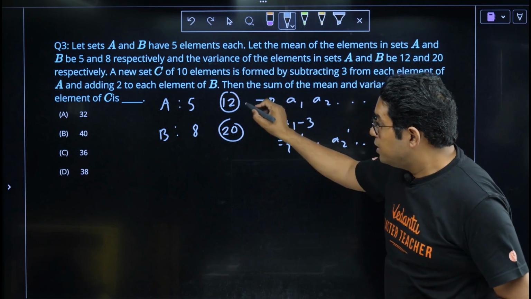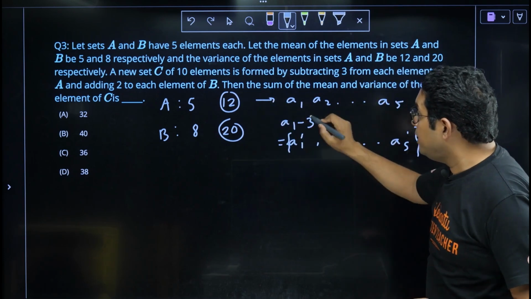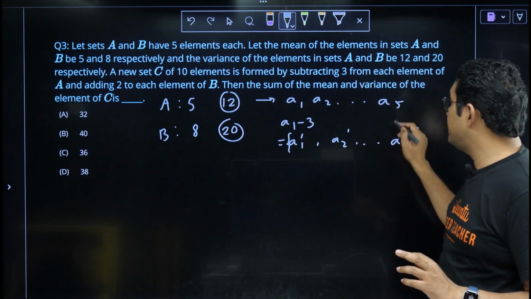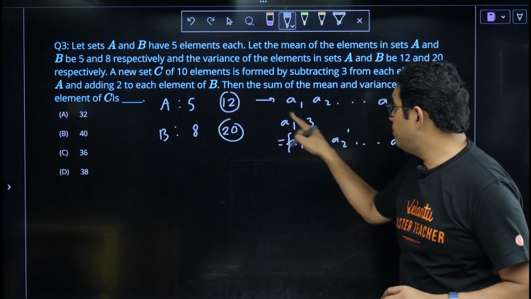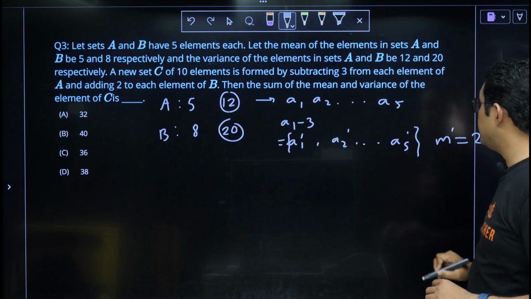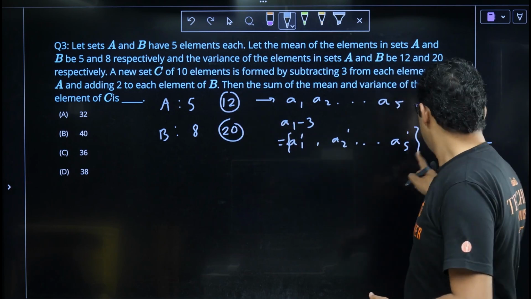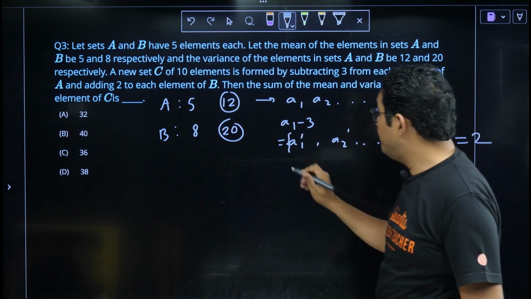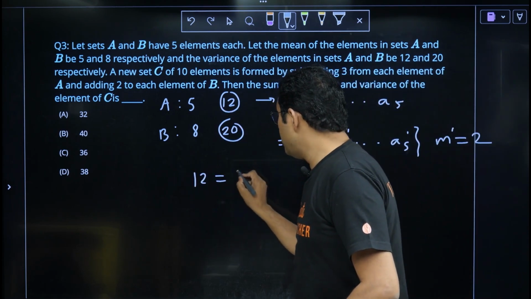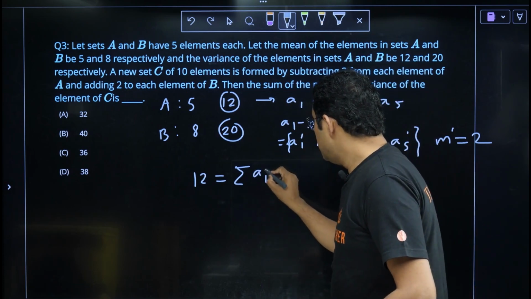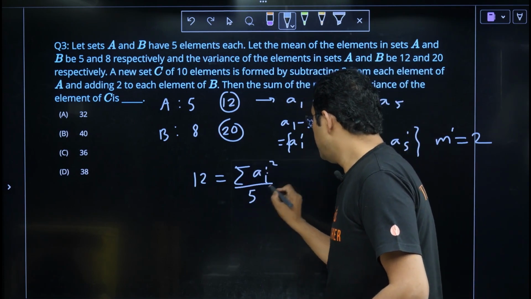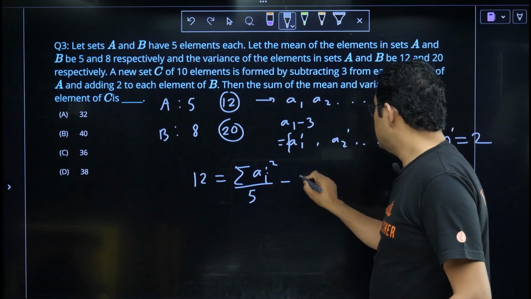Now if all the data of A are subtracted by 3, then the new mean here would be 5 minus 3, that is 2. That M dash will be 2 because we have subtracted 3 from all the data. Okay, now this variance 12, as we know the formula, is summation of Ai square upon N minus square of mean.